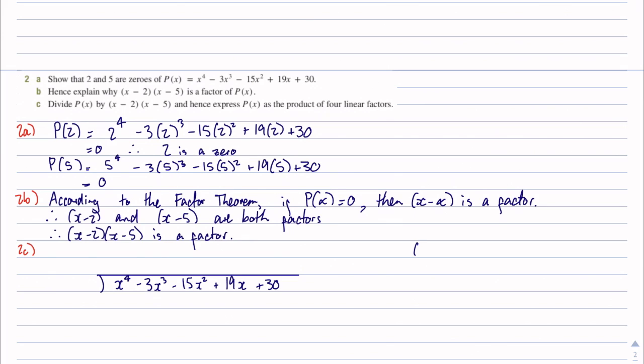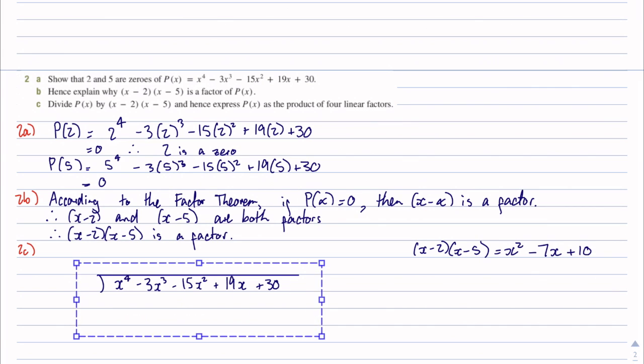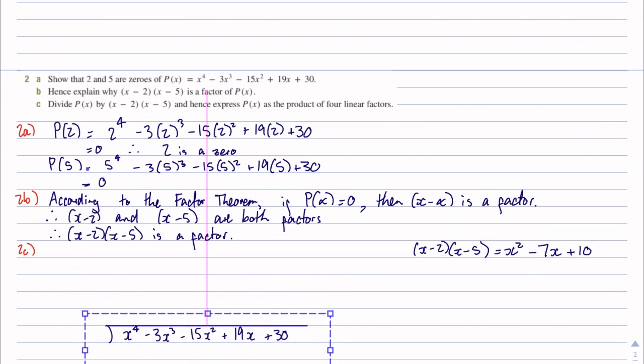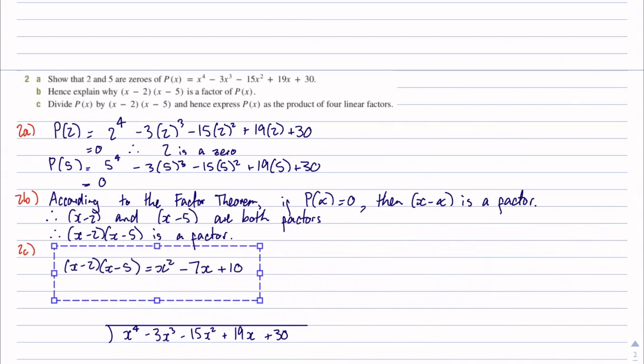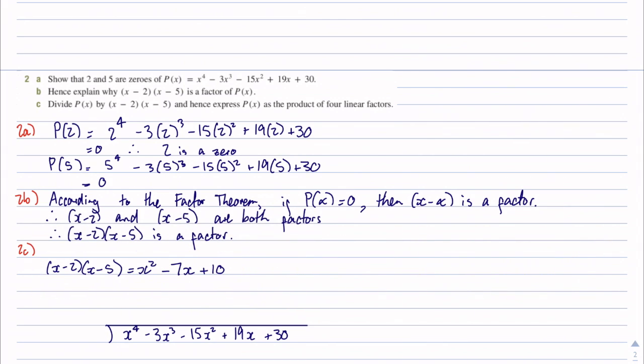I know that x take 2 times x take 5 is x squared, take 5x, take 2x, take 7x, plus 10, yeah? So I'm going to skip a step and divide it by x squared take 7x plus 10.